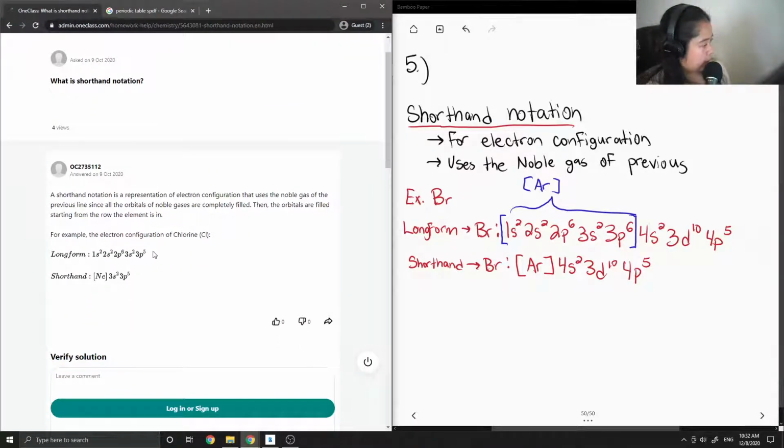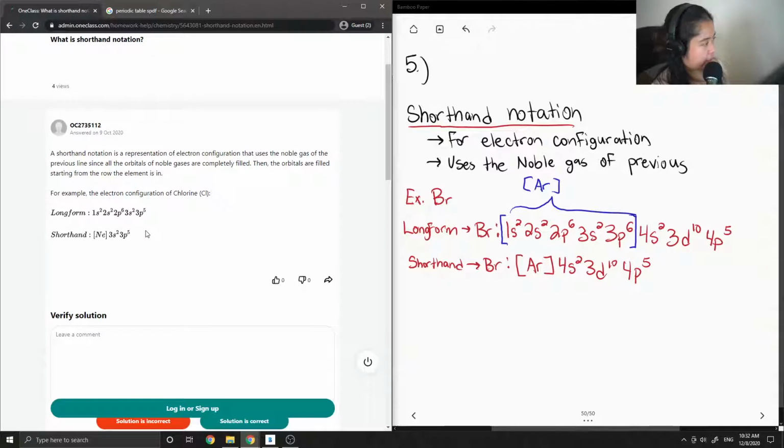So the junior tutor said, a shorthand notation is a representation of electron configuration that uses the noble gas of the previous line, since all the orbitals of noble gases are completely filled. Then the orbitals are filled starting from the row the element is in.